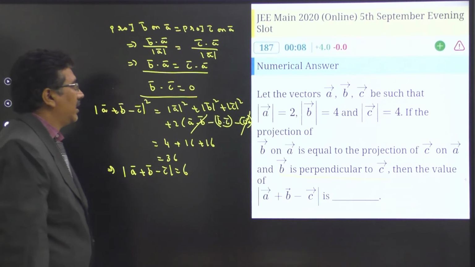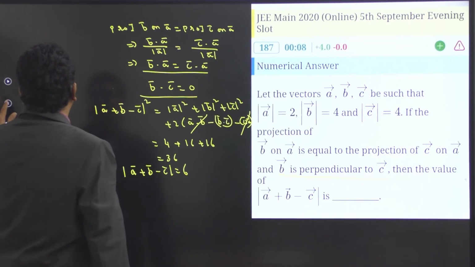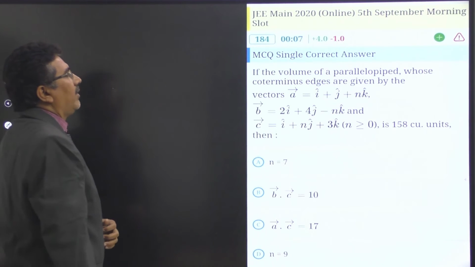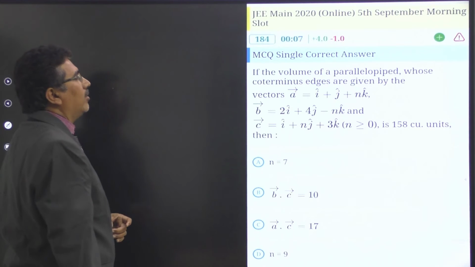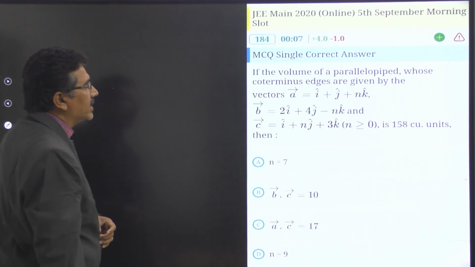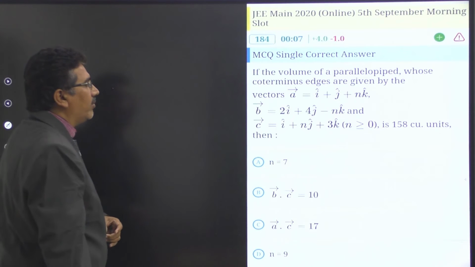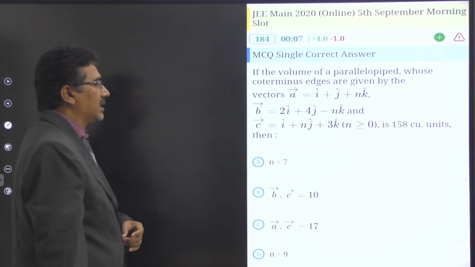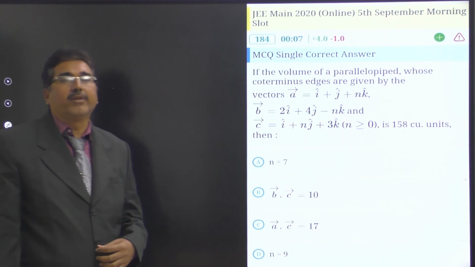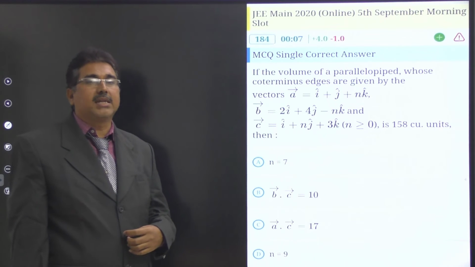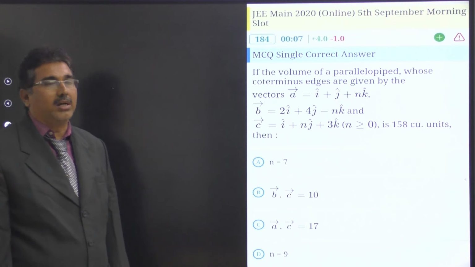Now let us see the next one. If the volume of a parallelepiped whose coterminous edges are given by the vectors... What is the volume of a parallelepiped? This is also a basic formula.